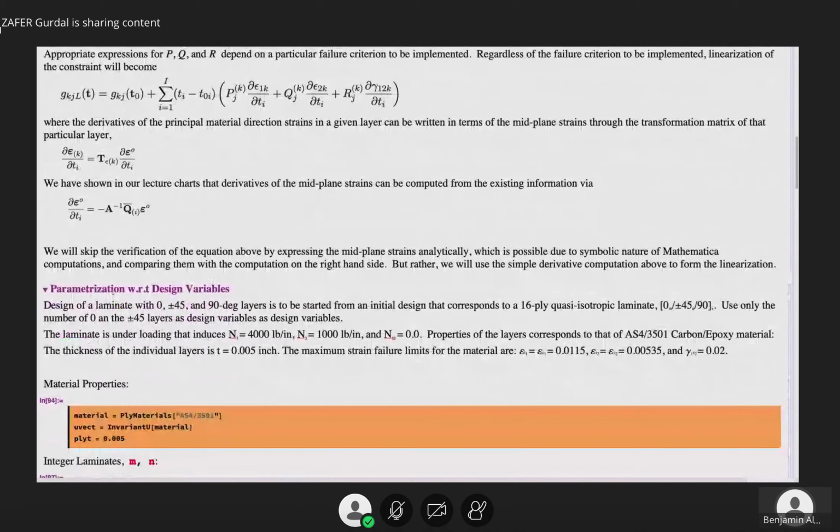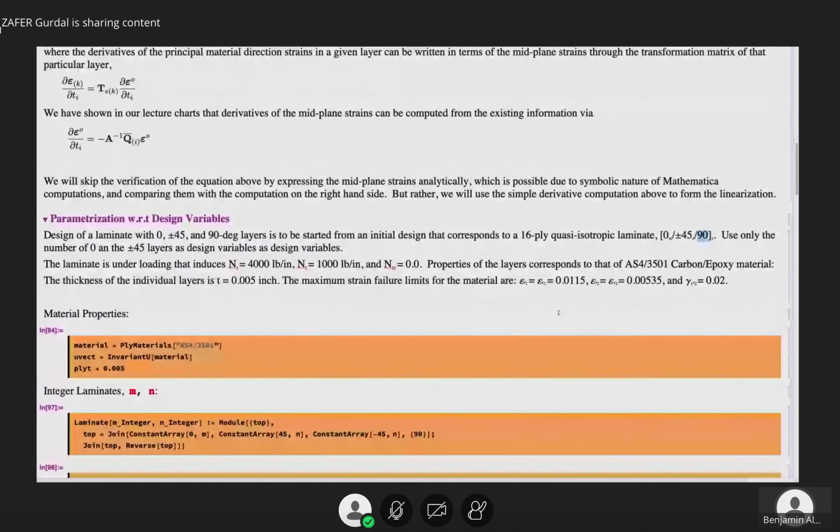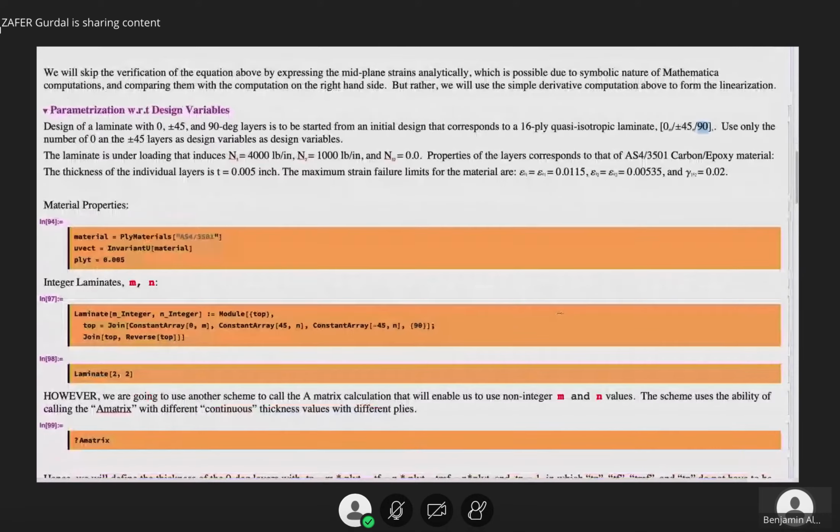In this case, we picked a problem where we said we're going to design only 0, plus-minus 45, and 90 degree layers. But in order to reduce the number of design variables, I did n layers of zeros and n layers of plus-minus 45s, keeping the 90s constant, not to introduce another variable in there.